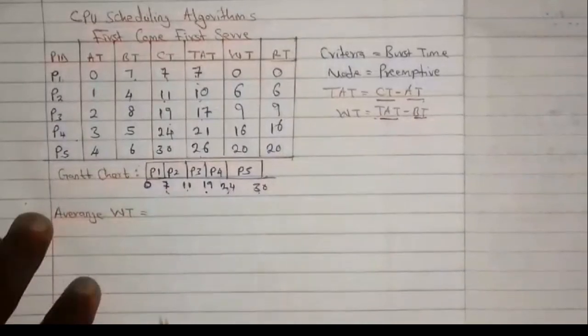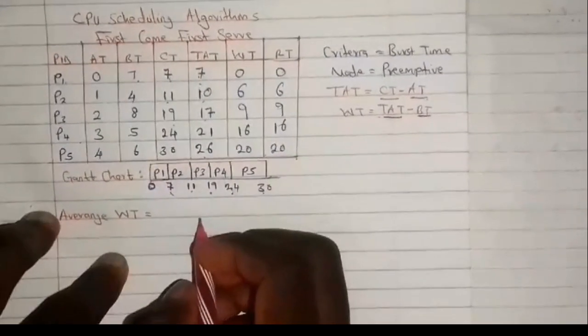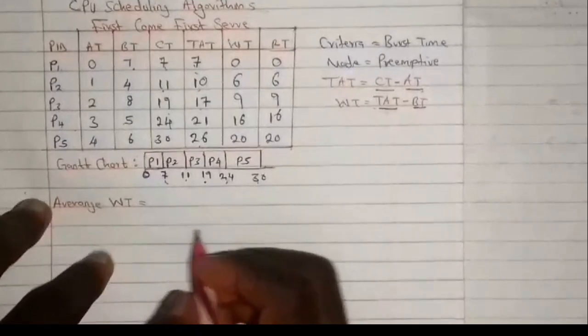Now we want to calculate the average of the waiting time. After calculating all the times, you have to calculate the average of all the waiting times.